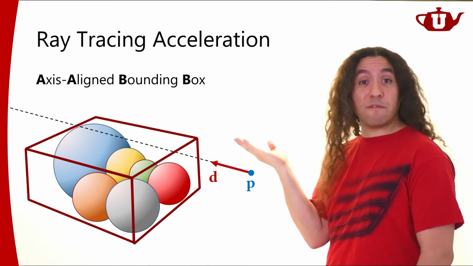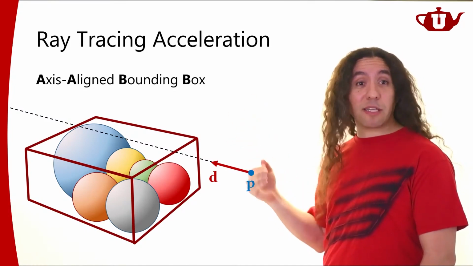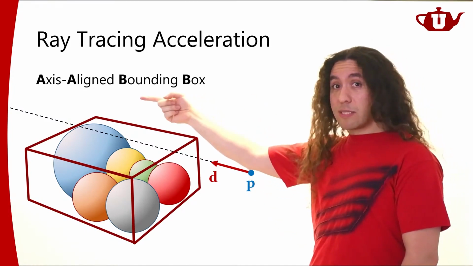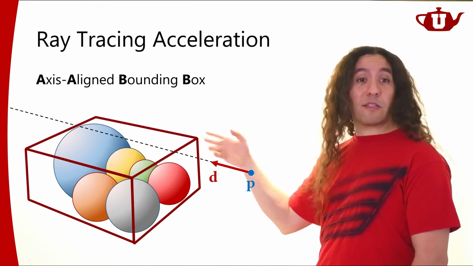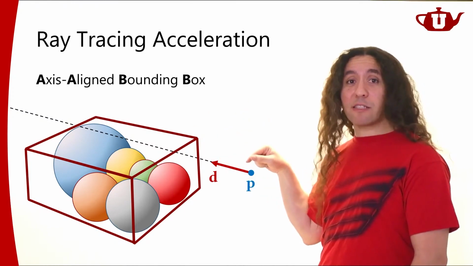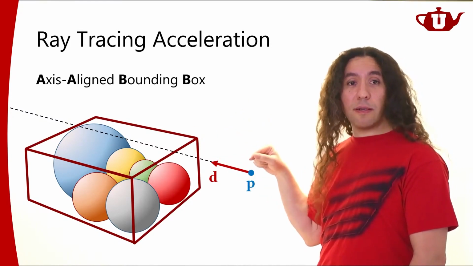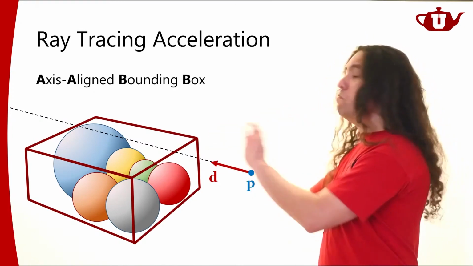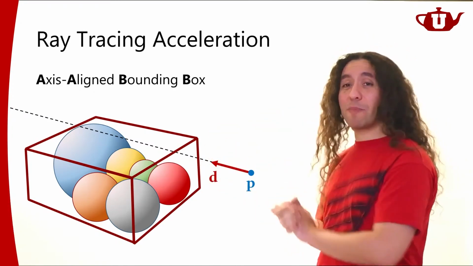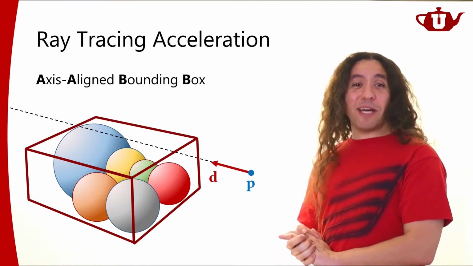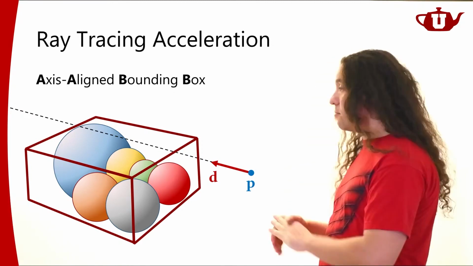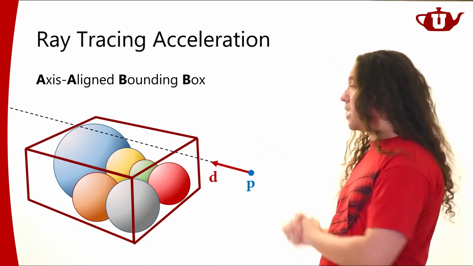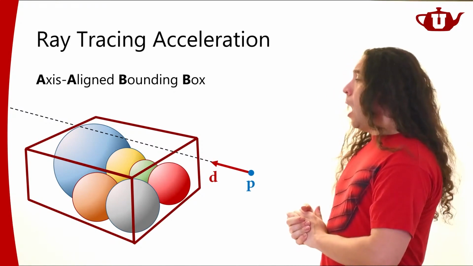We talked about this. Axis-aligned plane intersection is very simple. So this axis-aligned bounding box intersection with a ray is a very fast, very cheap operation. And I can fit millions of spheres inside this bounding box, and that simplifies my ray intersections with my scene that contains millions of spheres.